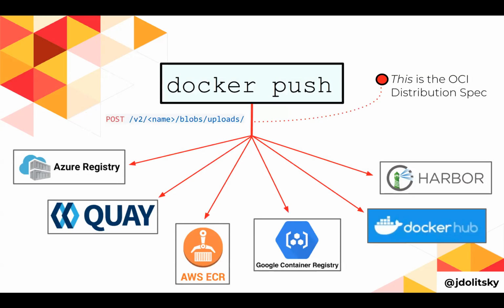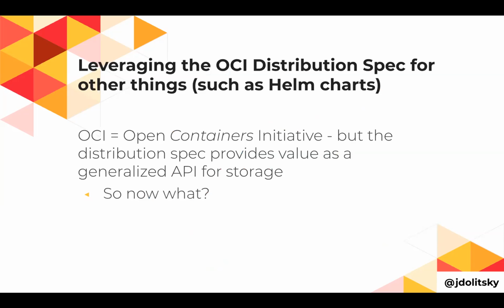Here's a visual of what that is exactly. The red lines represent API calls to these different registries, such as Amazon ECR, Docker Hub, and things like that. Every time you do a Docker push or a Docker pull, you're using this API known as OCI distribution.